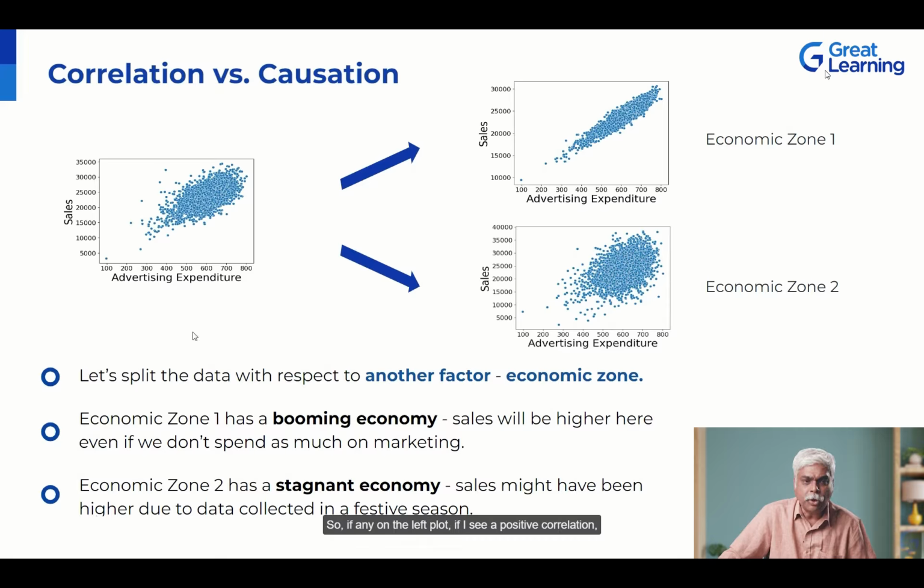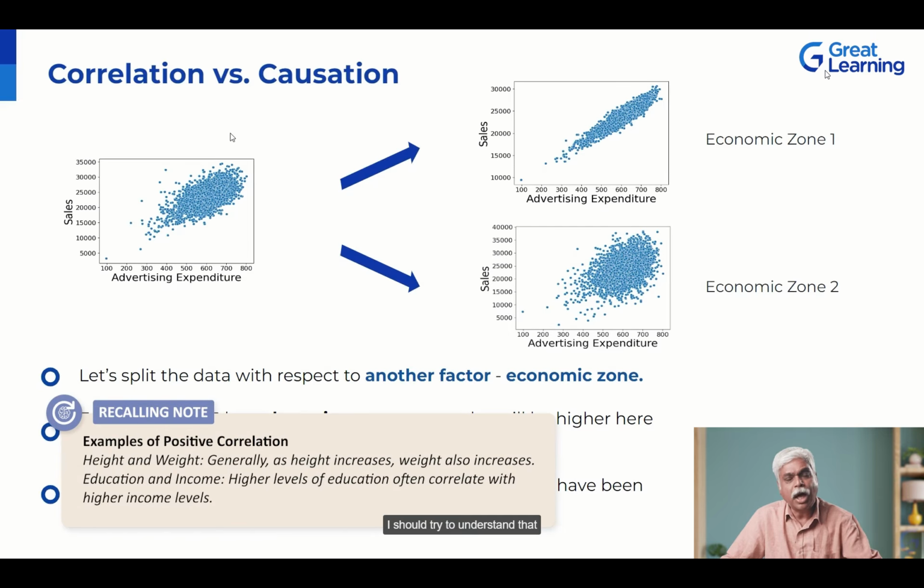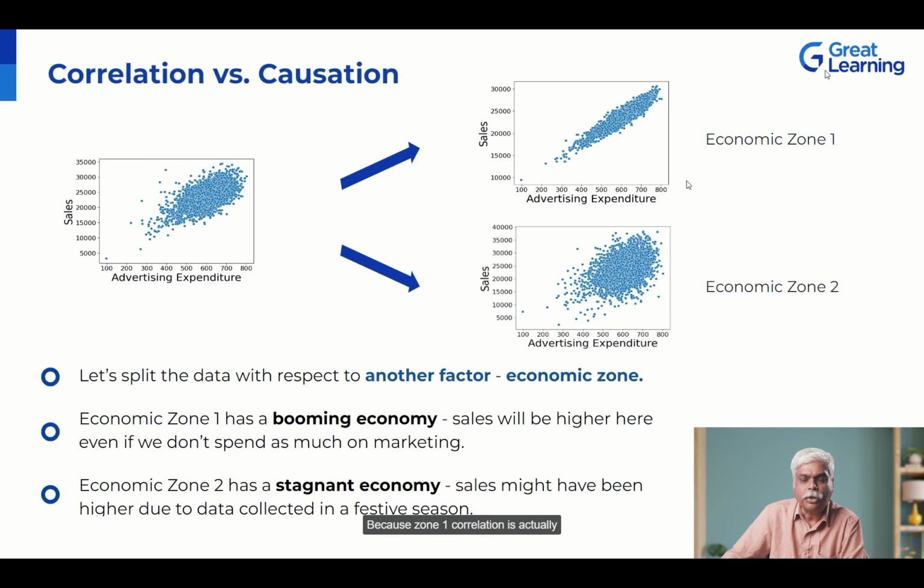So if on the left plot I see a positive correlation, I should try to understand that or get its causal effects more on data from zone 1 than from zone 2. Because zone 1 correlation is actually much greater or closer to +1, shall we say, than zone 2, which is closer to 0.